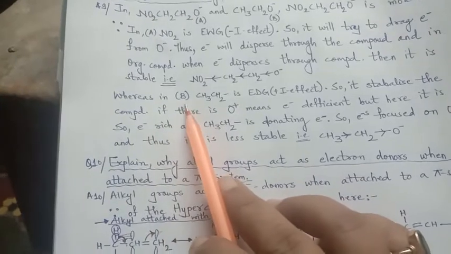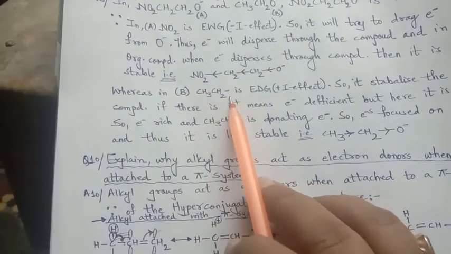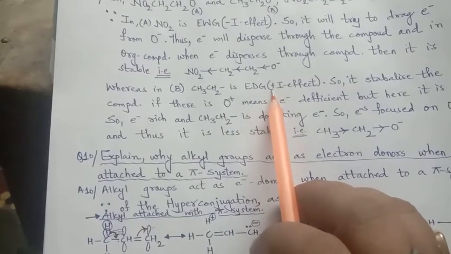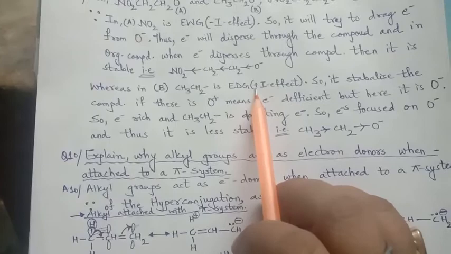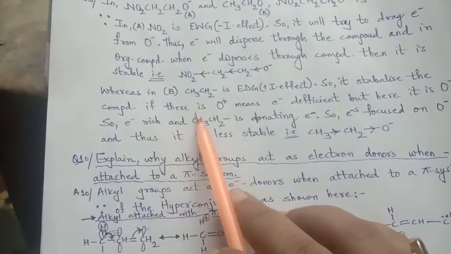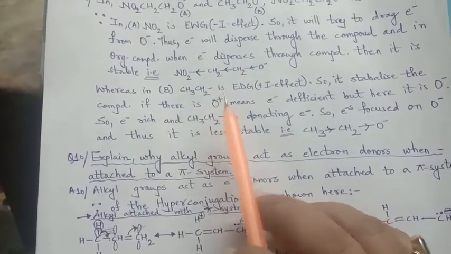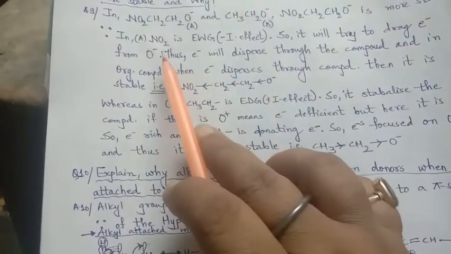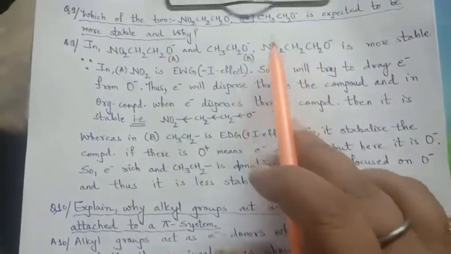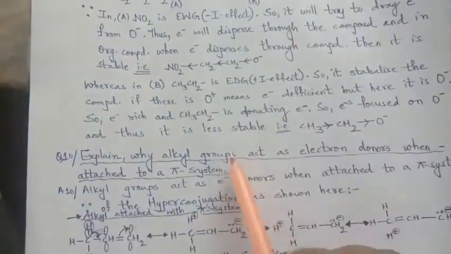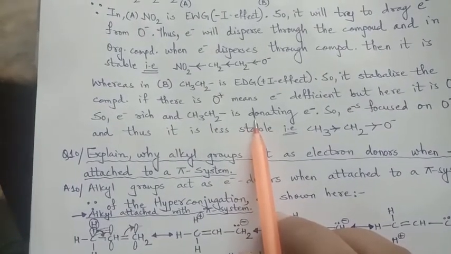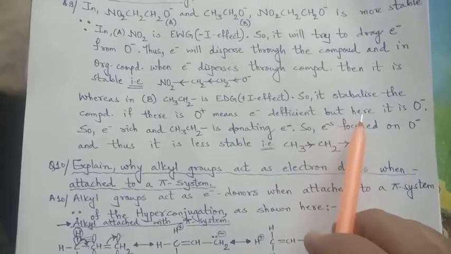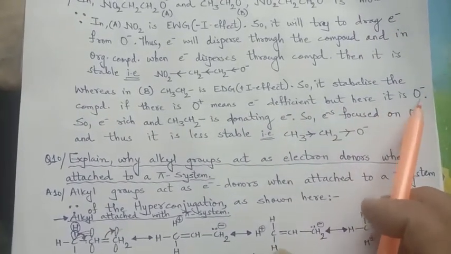Whereas in structure B, the CH3 CH2 alkyl group is an electron donating group. That means they will undergo positive inductive effect. So it stabilizes the compound. If there is O positive instead of this O negative, then it is possible to stabilize, right? So if there is O positive, meaning electron deficient, it can stabilize, but here it is not electron deficient, it is electron rich.